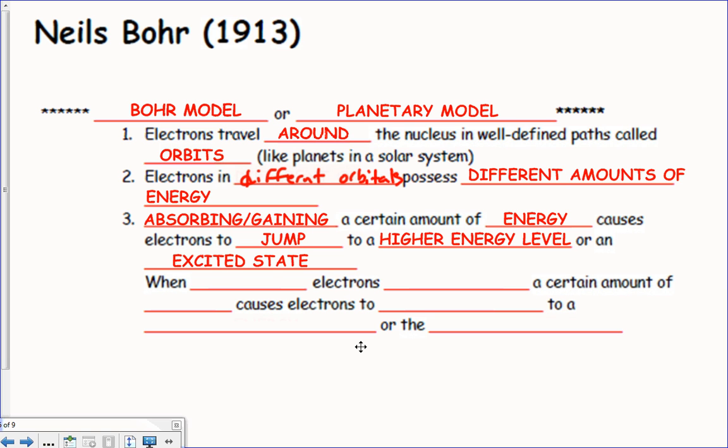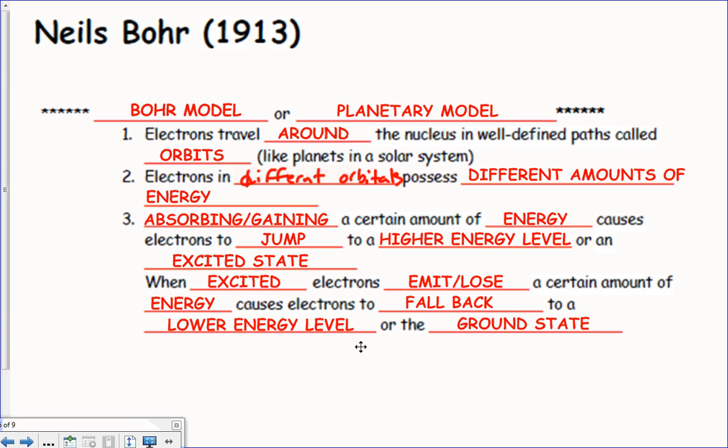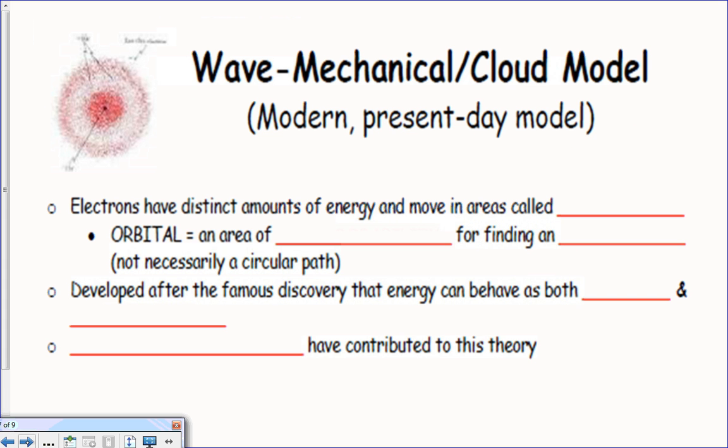When they are excited, electrons emit or lose that same amount of energy that we gave them, the energy comes off in the form of light. They fall back to the ground state. I'm going to give them energy. They jump up. They come back the same amount of energy, and light is given off. And we're going to find later in the unit that we can use that principle as a fingerprint, if you will.